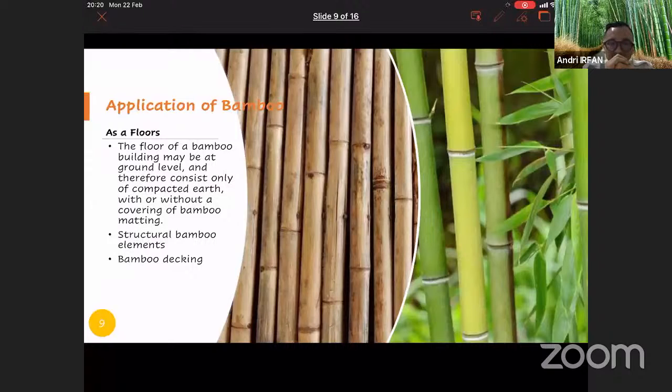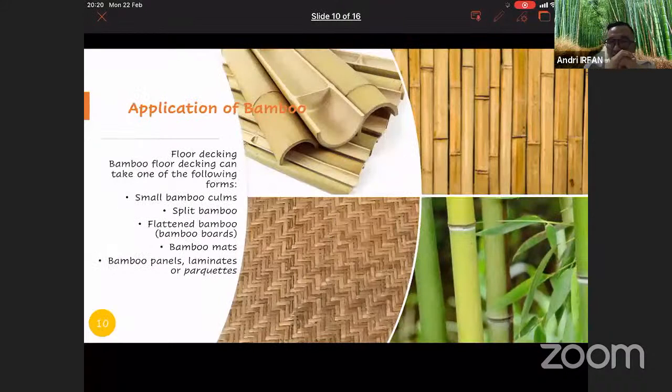Since untreated material can decay very quickly in ground contact, that is the other problem. As a floor, a bamboo building might be at ground level and therefore consist only of compacted earth, with or without covering bamboo matting.